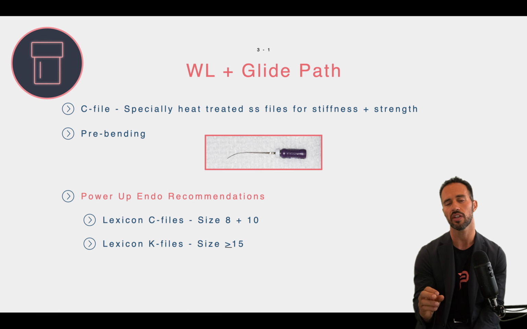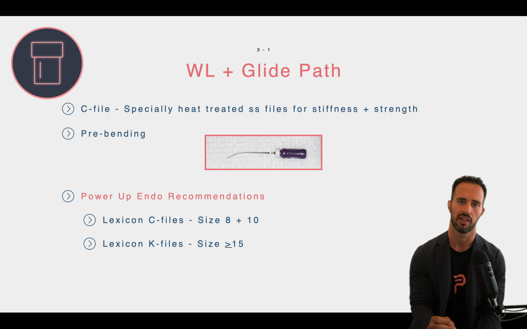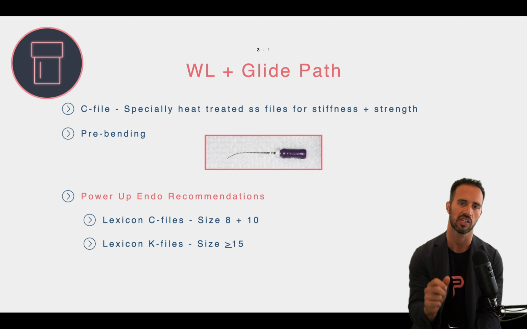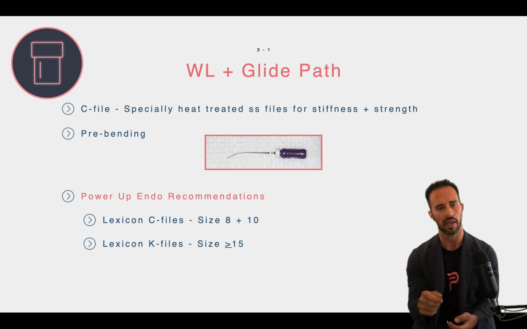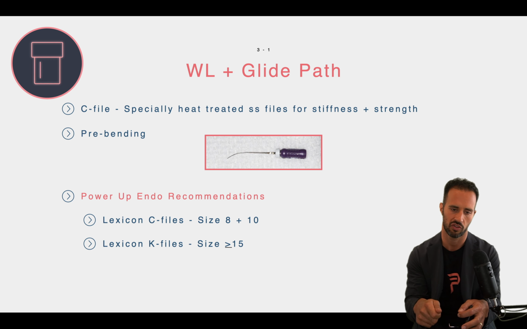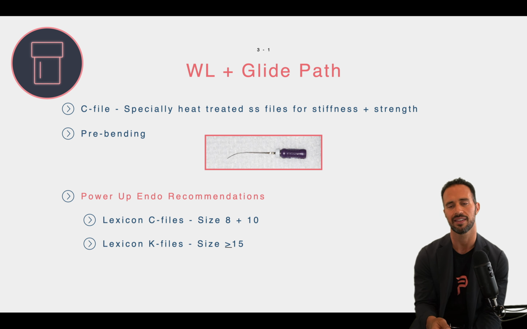And anytime you introduce a file into the root canal, especially hand files, you want to place a little pre-bend on the tip of the file, just like you see here. So you can just bend the tip of the file on the mirror that you're holding, and I use my left hand to just give it a little subtle bend at the tip.